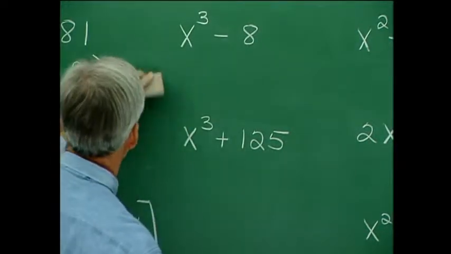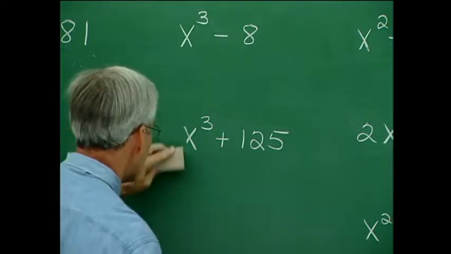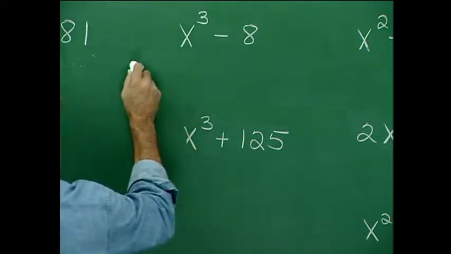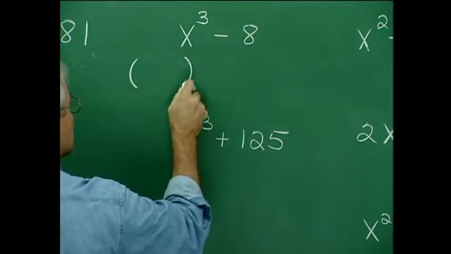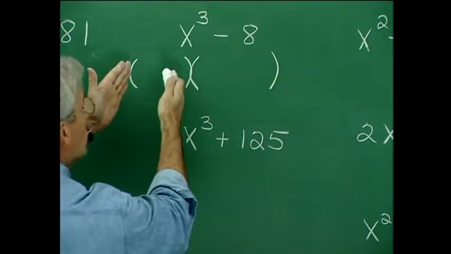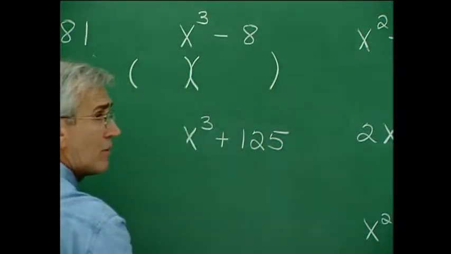Now let me just create a little space here. So if we understand that the pattern is binomial times trinomial, we would start with the pattern. Just start with the skeleton of a binomial times a trinomial. And we identify the binomial part first, and then the trinomial part from the binomial part.